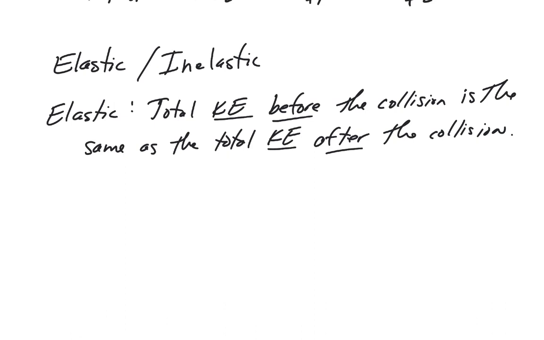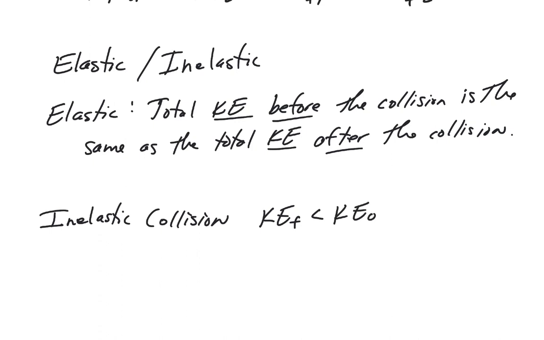In a perfectly elastic collision, all of the energy would have been converted back to kinetic energy. So what we just talked about with the tennis ball is an inelastic collision. In an inelastic collision, the final kinetic energy after the collision is less than the initial kinetic energy.